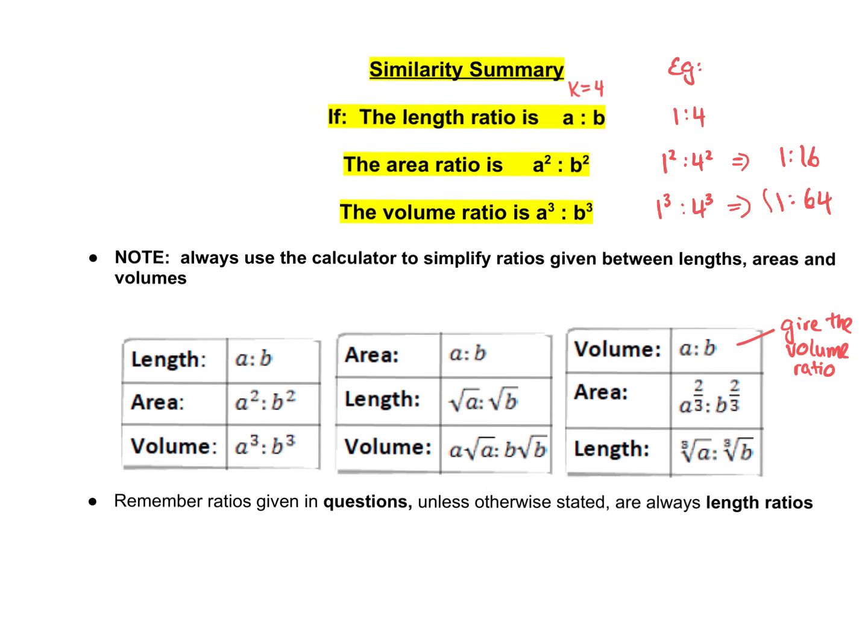So say this example up here, if I do the cubic root of 1 and the cubic root of 64, we end up with a 1 to 4, and that takes us back to my length ratio. So this is just a little way of showing how you can go back. Generally, we want to go back to length, or if you get the area and you want to go back to length.